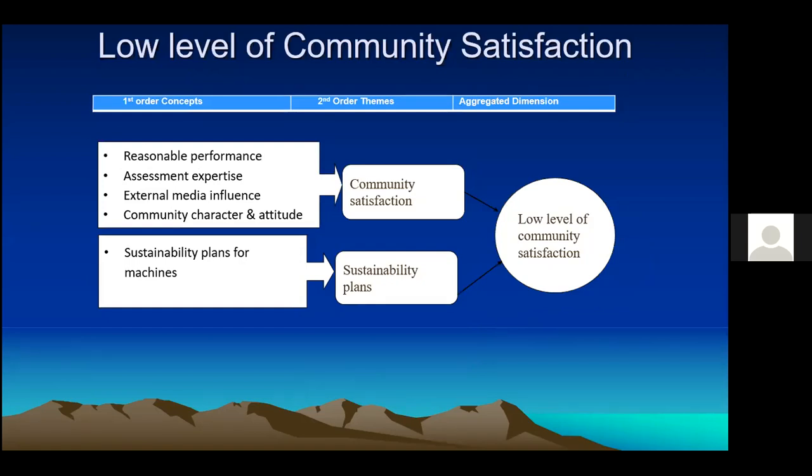Chair, low level of community satisfaction. There was general consensus that the community was not generally satisfied in terms of roadworks performance. The assessment is not properly being done. And also the extent of media influence, where every now and then the media disseminates information of the technical personnel embezzling funds made for community roadworks, and also general community character and attitude, where the community is not really owning up these roads.